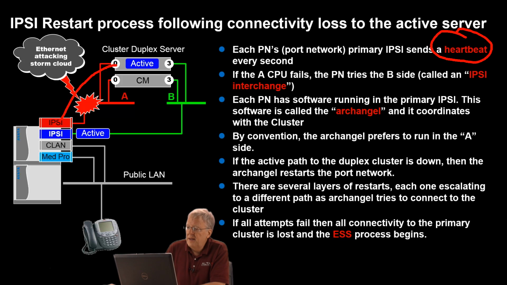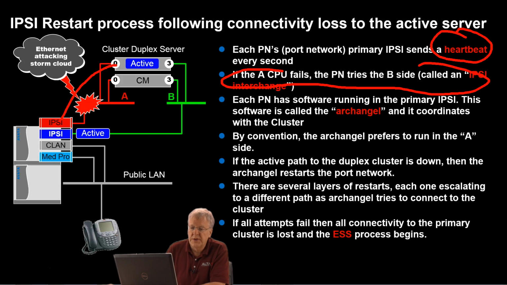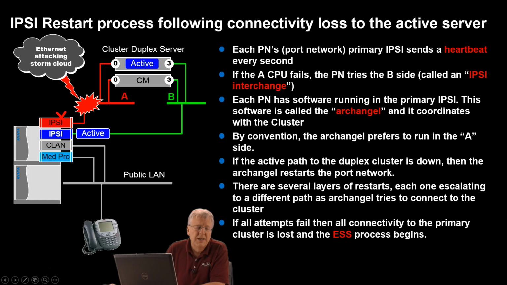And then an IPSI interchange would occur that you see right here, which basically means to stop using the current IPSI, drop to the backup, and see if you can get back up to the same communication server. Well, the software that was running the IPSIs, referred to as Archangel, is really a software, or almost like firmware, running in the port network that's making sure that at least one of these two IPSIs has connectivity to an active communications manager.